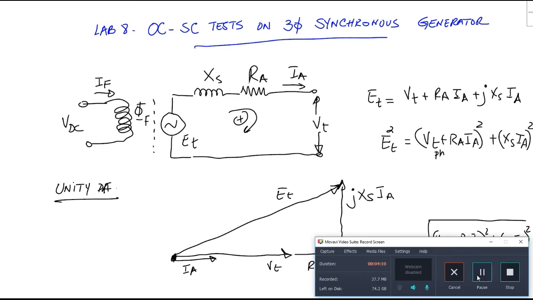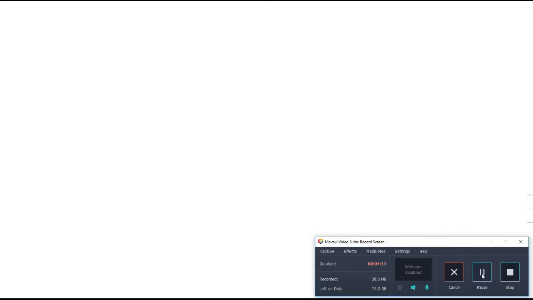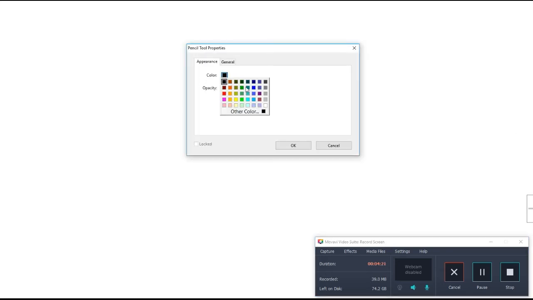Now, let's do the other one for lagging power factor. Let's change the color for this case. For lagging power factor, let's represent the triangle. Let's say this is VT. The current is lagging by theta, for example.